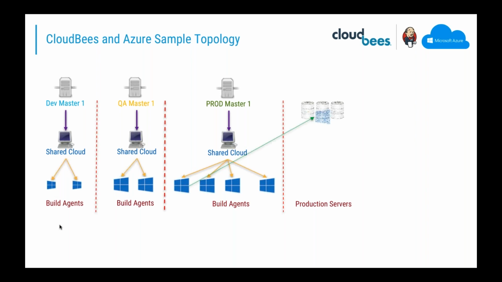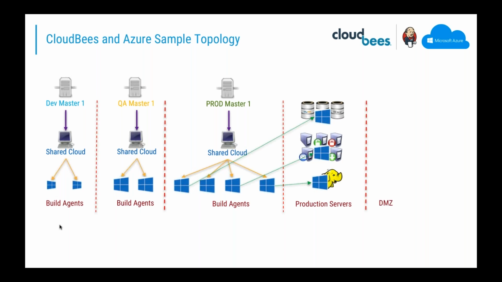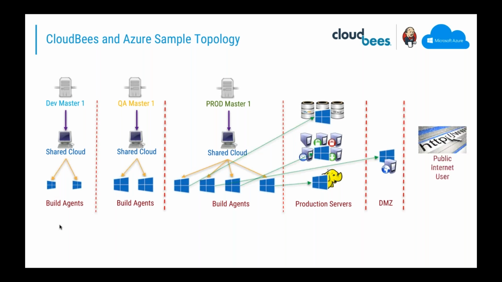So what happens is our Jenkins build agents will build these databases, app servers, maybe HD Insights, Hadoop instances running on the production servers. And then another firewall will come up, and that will be our DMZ. And in the DMZ zone, we will build our web servers, again built by Azure. And then finally, we get our enterprise final firewall, and our clients sit on the public internet.